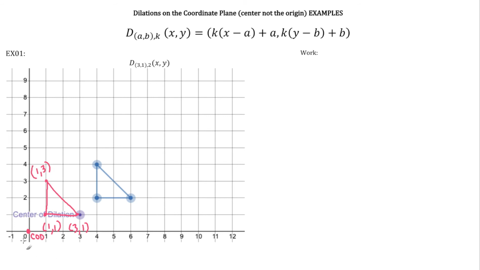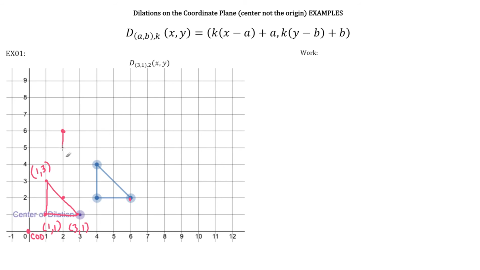Okay, and then my scale factor is going to be 2. So I would multiply everything by 2. So I would get 2, 2 here. And then I would get 2, 6 here, and 6, 2 here.